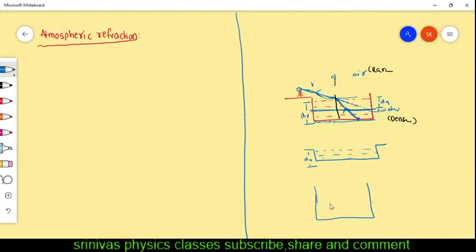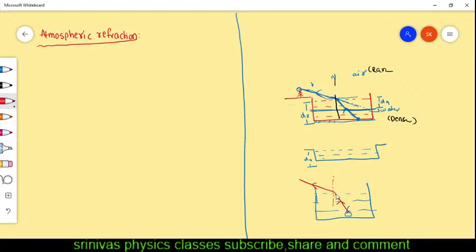For example, I will also explain it like this. Here one object is there, and he is observing the object here. The light ray started from the object, and when the light ray moves into the other medium, it bends like this.